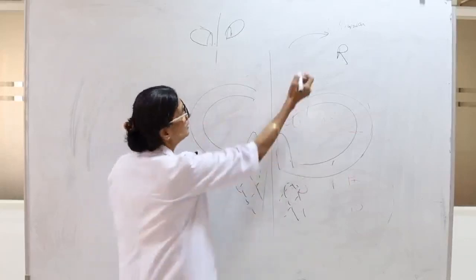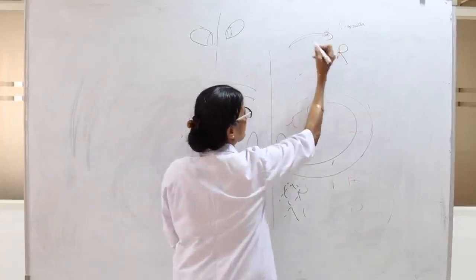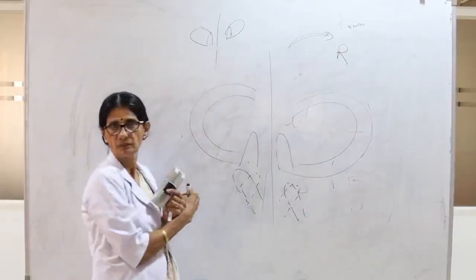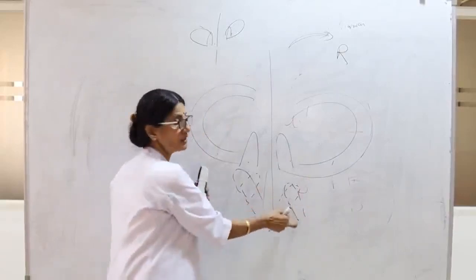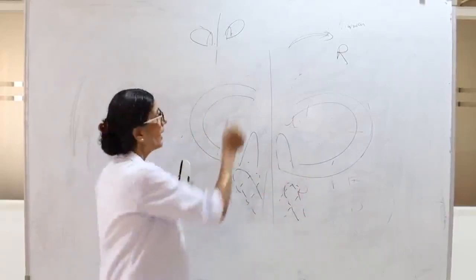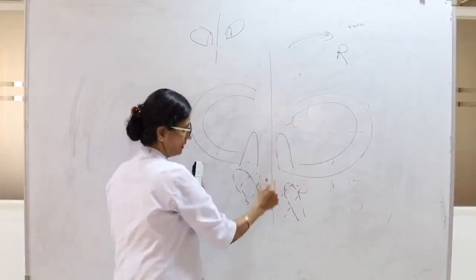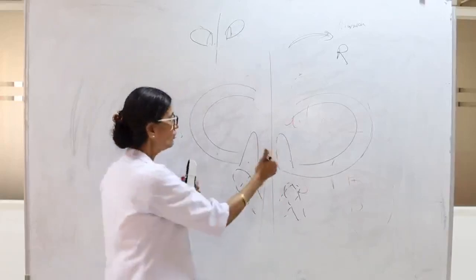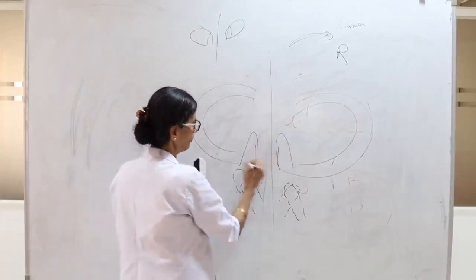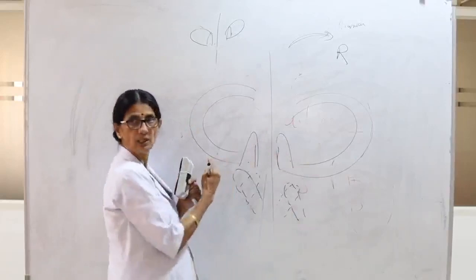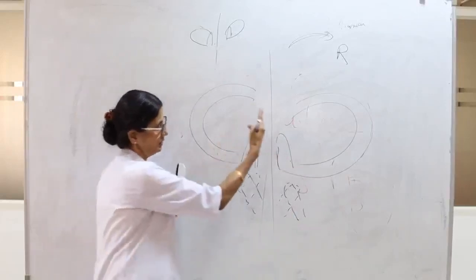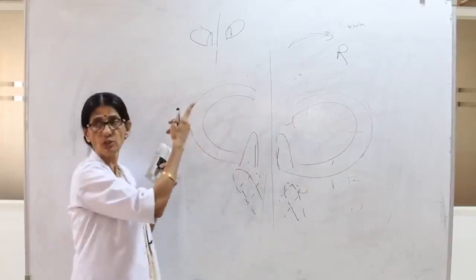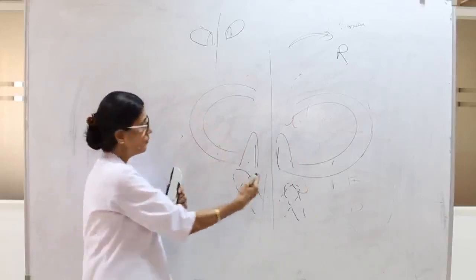So when we consider the movement of the head to the right side, this cupula moving to the left side results in what type of signal here? As I told you, always consider the utricle as the midline. So the kinocilium is here and the kinocilium is here for the left one. So when the motion of the endolymph is in the opposite direction of the motion of the head, what happens to the stereocilia?